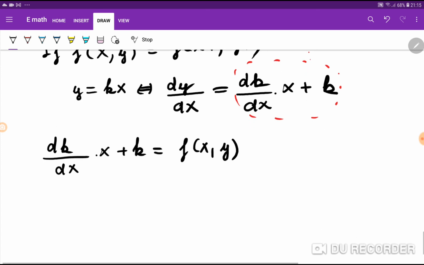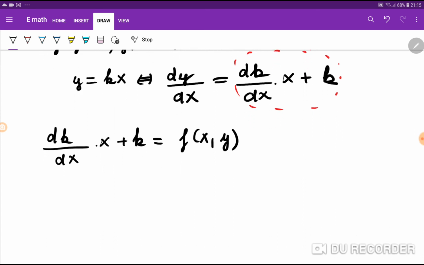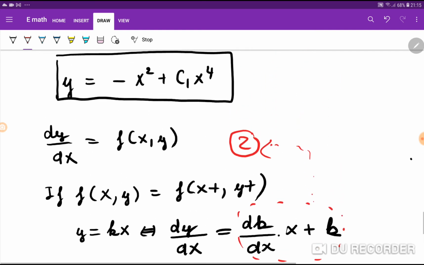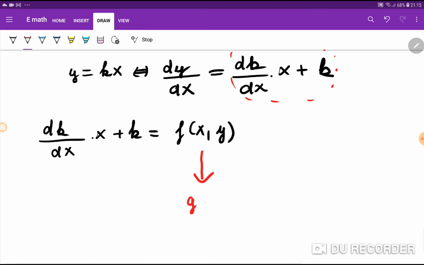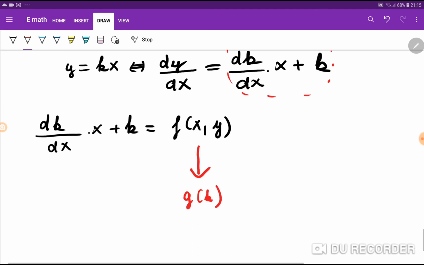And then for a magical reason, which I'm going to prove for you right after this, you can turn this f(x, y) into g(k).